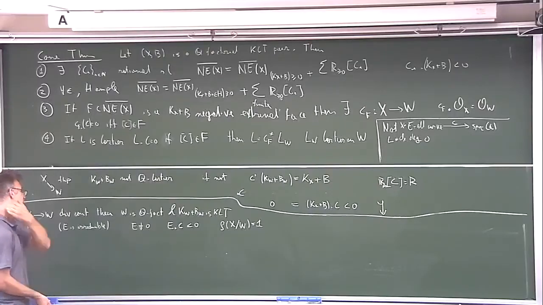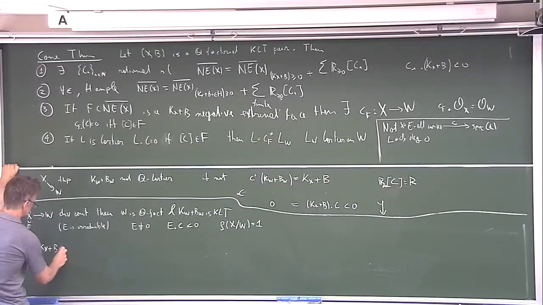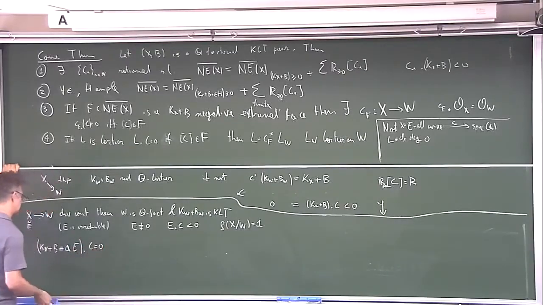Okay, so now I can pick K_X plus B, which intersects the curve negatively, plus, let's say, minus A E. I can pick A such that this intersects C equal to 0. Why is that? Well, you just solve this equation.